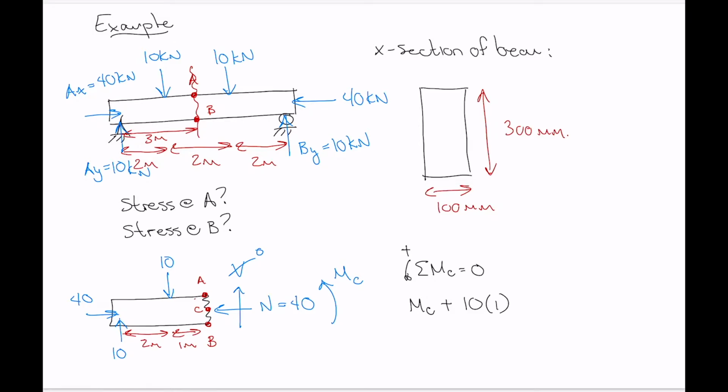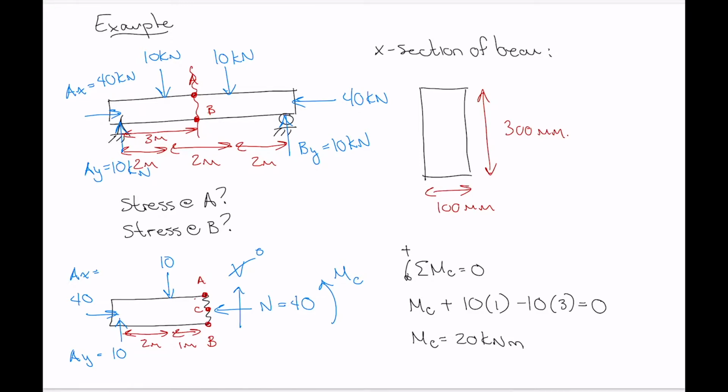And then the 40 kilonewton load passes right through point C when you project it forward, so it doesn't create a moment about that point. And then we've got the 10 kilonewton load from support reaction AY to worry about. So that's in the opposite direction. So we have minus 10 multiplied by 3 equals 0. So we've got MC is equal to 20 kilonewton meters here.